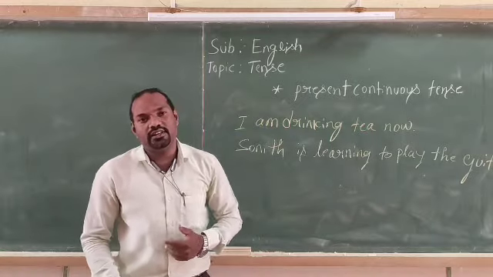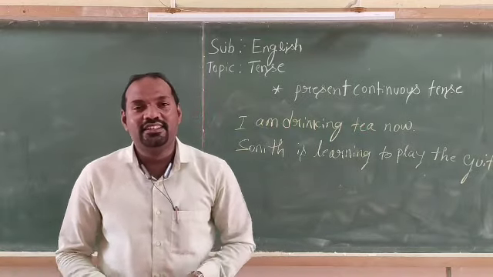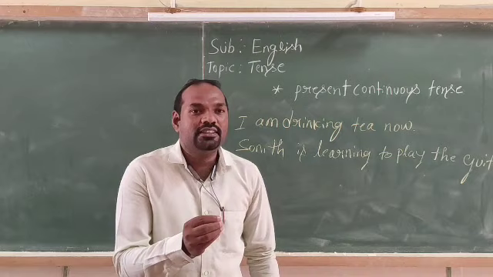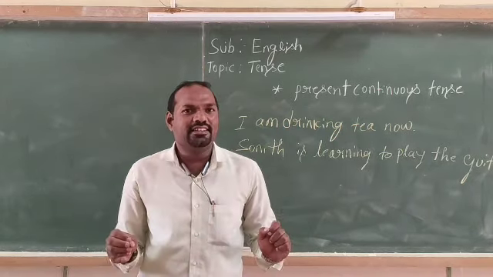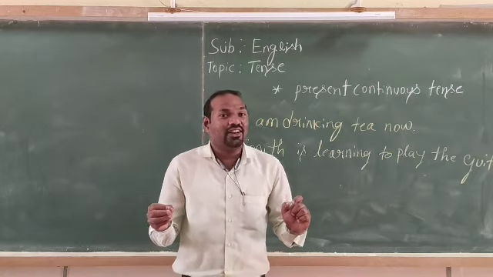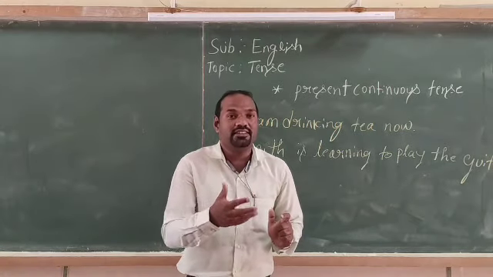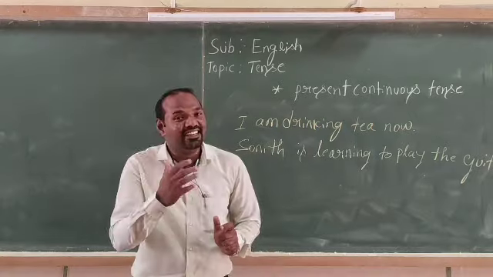And the third usage of the present continuous tense is to describe changes taking place in society. For example, it is a coronavirus lockdown situation. In some places, even the government made a seal down.